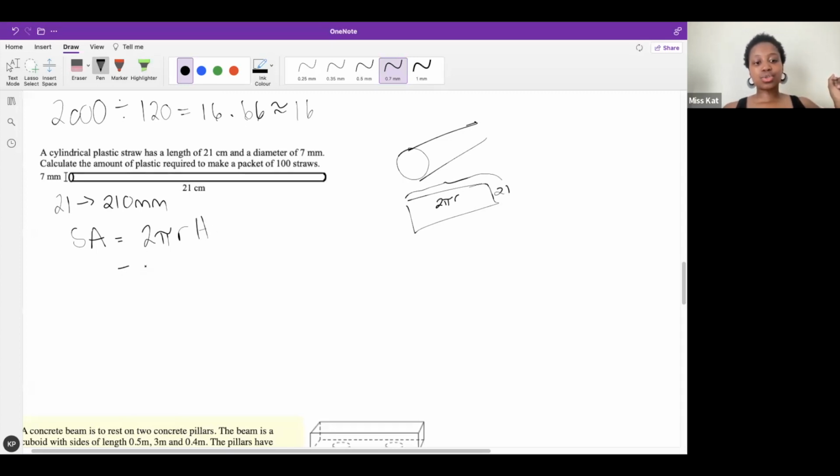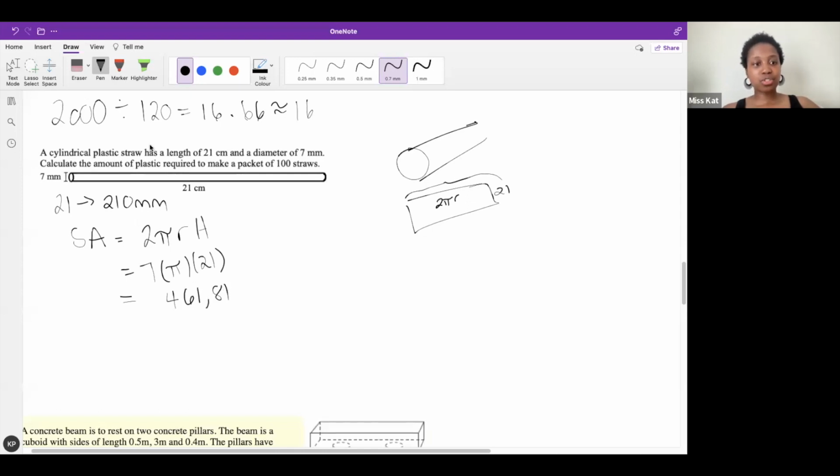So it's actually 2 pi r times your height. And 2 r is the same as the diameter, guys. We spoke about this. So it'll be 7 times pi times my height, which is 21. And how much is that? Give me a second, ma'am. 461,81 centimeters squared.